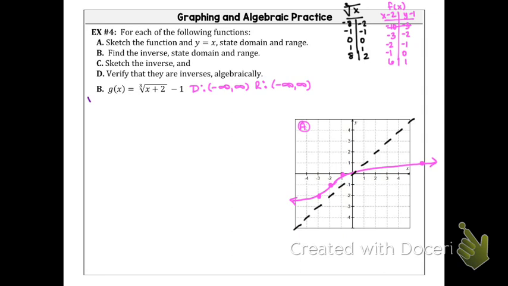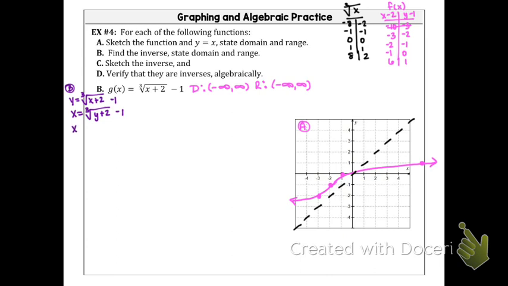So we know that this is, so for B, let me move this over a little bit. So this is y equals the cube root of x plus 2 minus 1. So we're going to switch our x and y. So every x becomes a y, every y becomes an x. And then we're just going to solve for y.